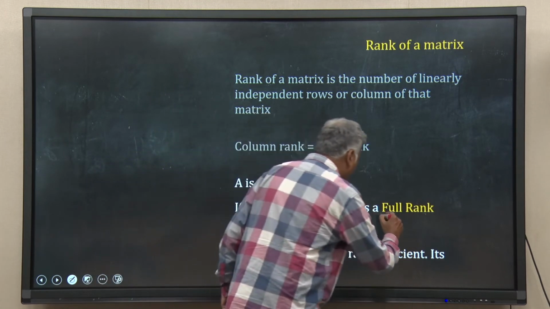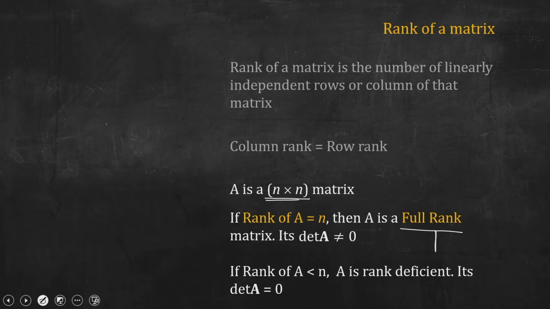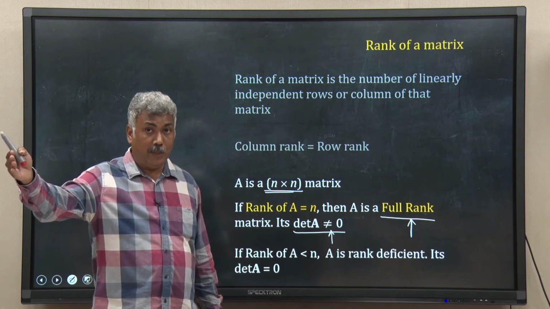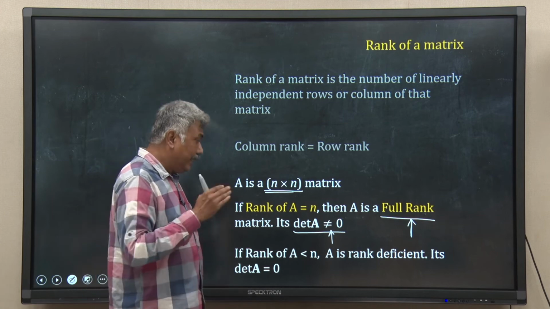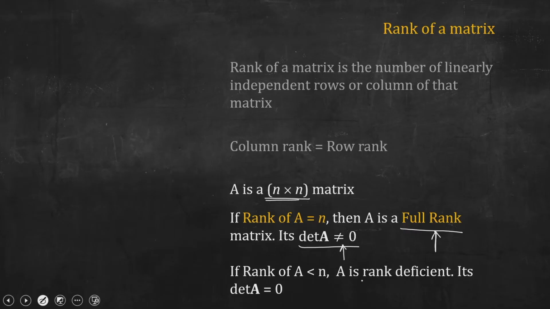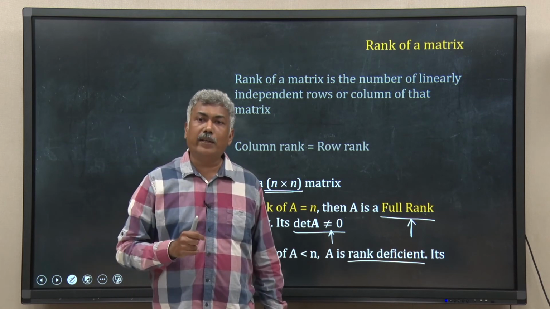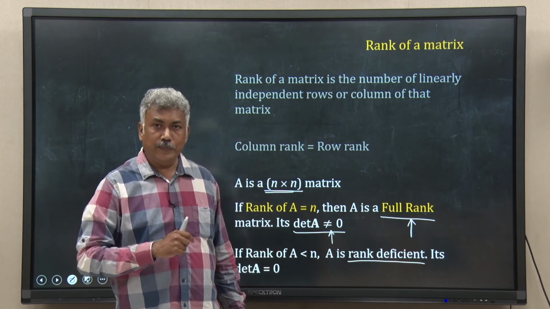I will call that matrix a full rank matrix, and you can be assured that its determinant will be non-zero. But if the rank of that matrix is less than that maximum number, n in this case, then it will be called a rank deficient matrix, and in this case the determinant of that matrix will be equal to 0.